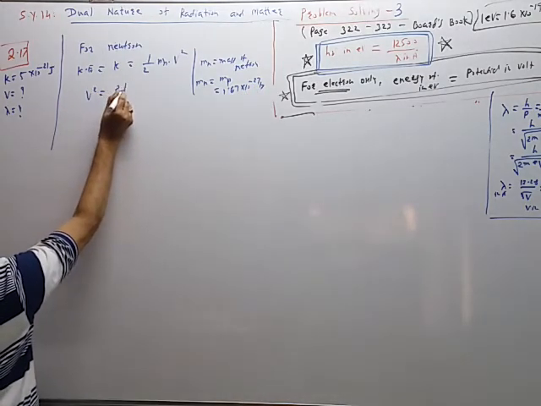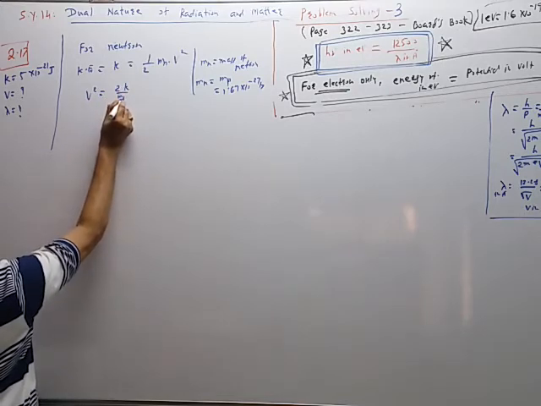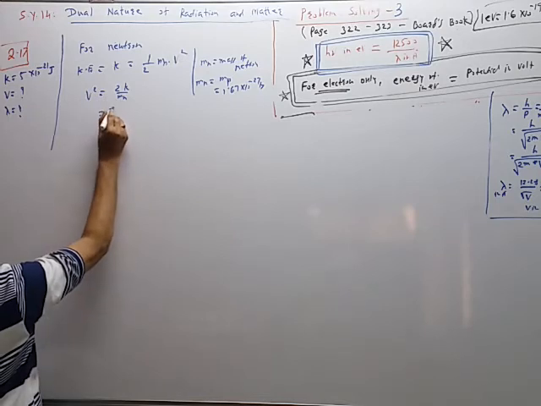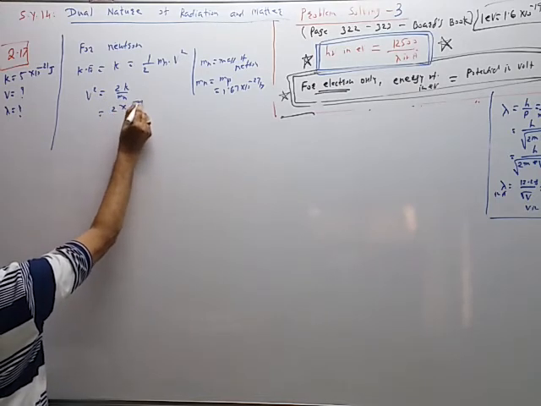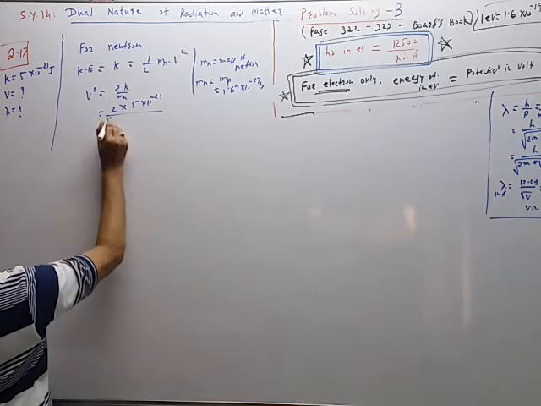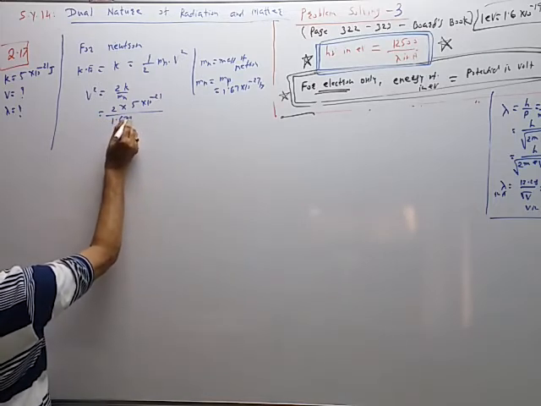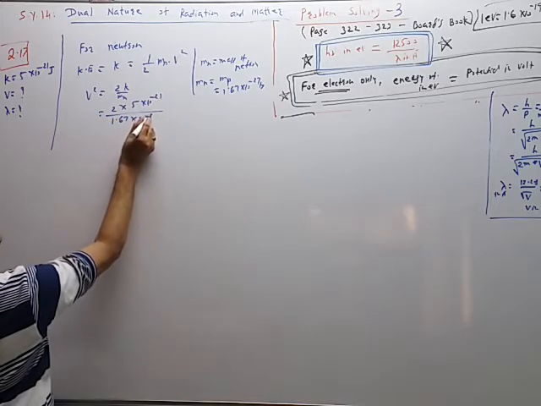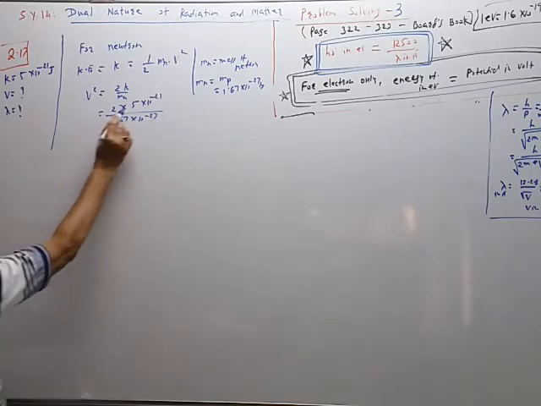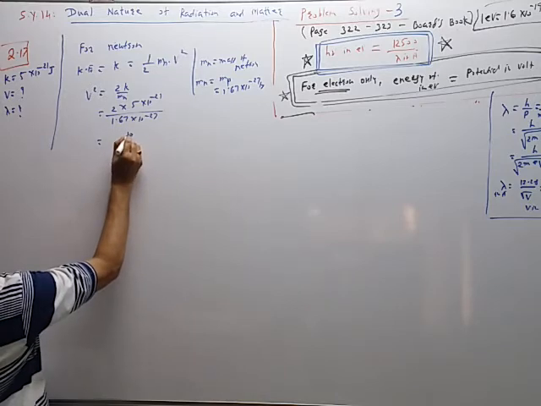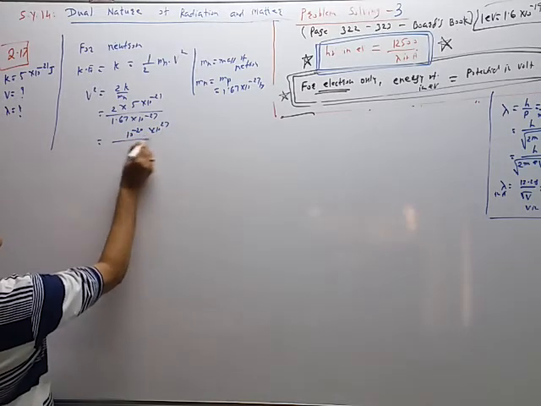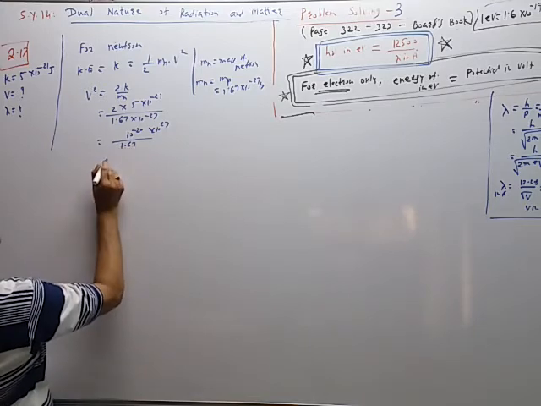So V square is equal to 2 times K by mass of the neutron. And therefore V is equal to, first we will calculate this value. So 2 multiplied by 5 multiplied by 10 raised to minus 21 upon 1.67 into 10 raised to minus 27. So 5 into 2 is 10, into 10 raised to minus 21 plus 27 upon 1.67.